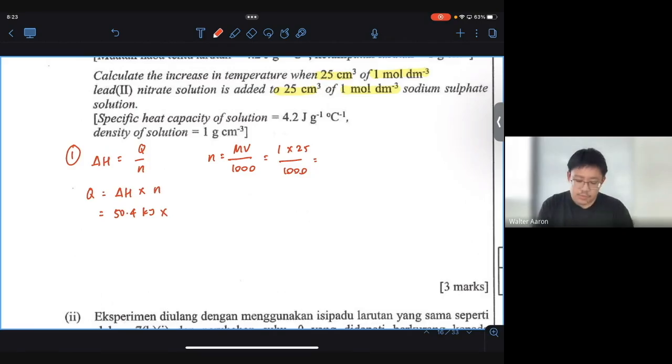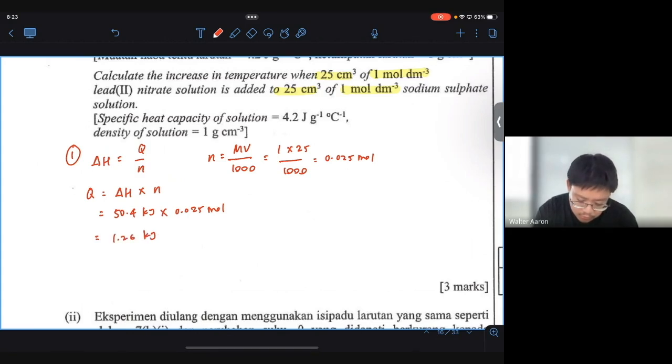You get 0.025, so the answer is 0.025 mole. So here it will be 0.025 mole multiplied by the kilojoules, and we get 1.26 kilojoules.